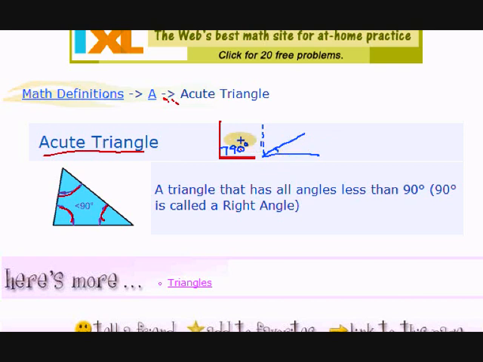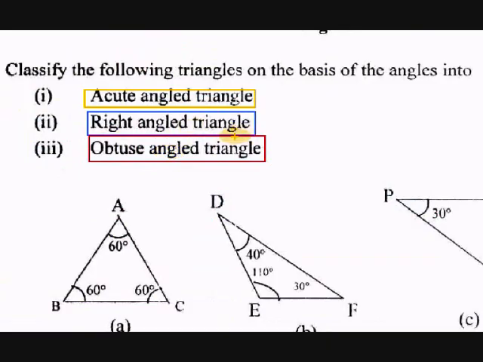Then what is the other one? Obtuse. We will talk about it later. So these are the three triangles. Acute is when an angle of the triangle is less than 90 degrees. A right triangle has exactly 90 degrees. Obtuse is that which is greater than 90 degrees. Here it is less than 90, here it is equal to 90, and here it is greater than 90 degrees.